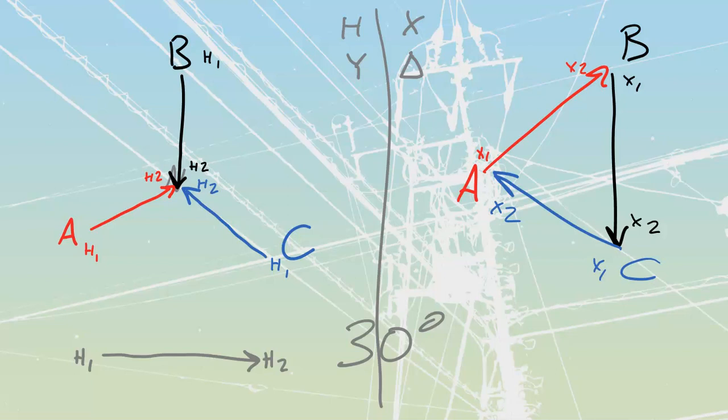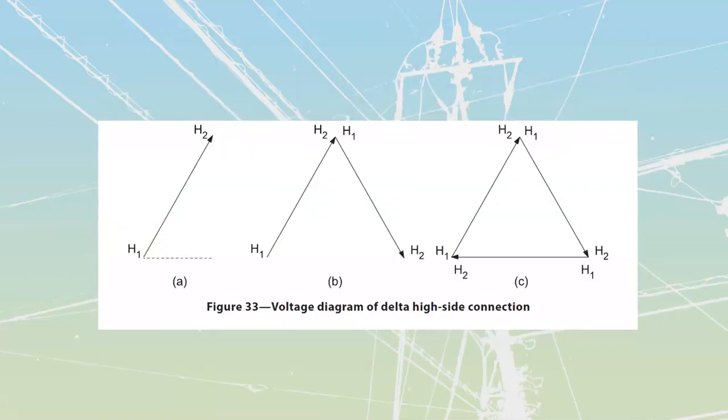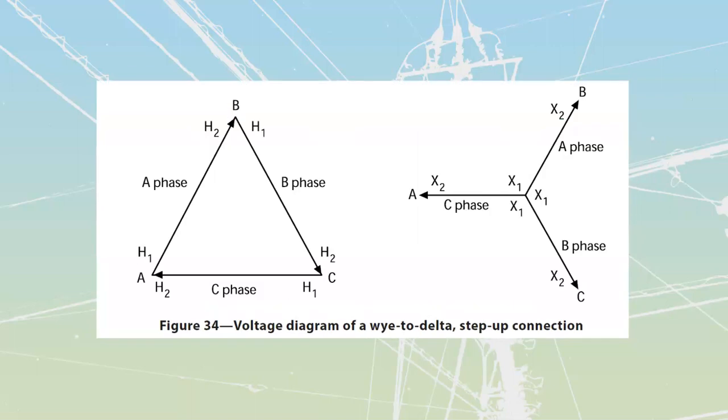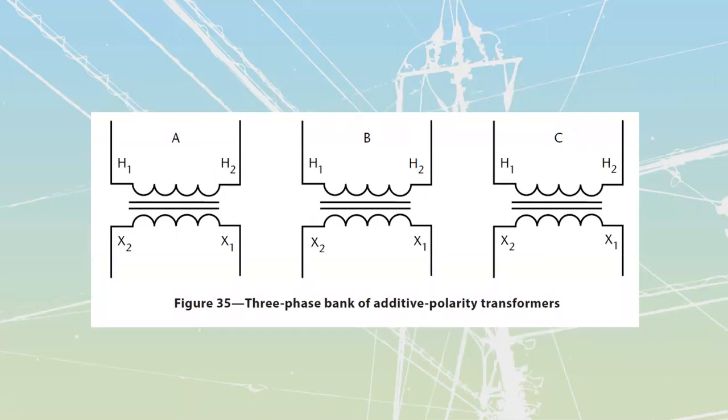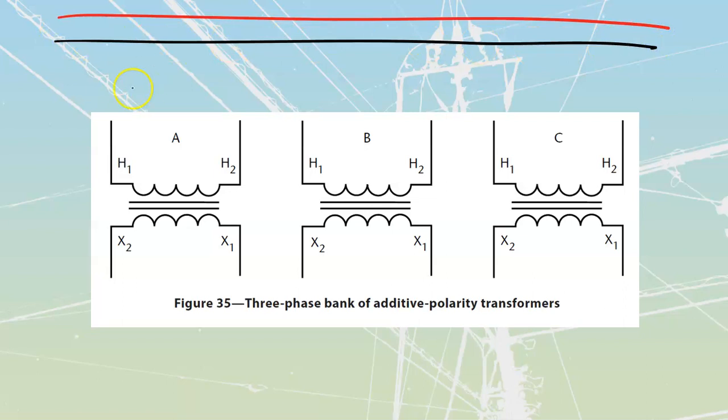We're going to put them directly onto a layout that we're going to have over here for the actual transformers. I'm going to skip the next 2 pictures. We're going to come back to these 2, figure 33, figure 34, but we're going to jump ahead to figure 35 right now. Figure 35 is going to be for us to do what we just did over there, where we have a Y high, which means that I'm going to have red, black, blue, and a neutral.